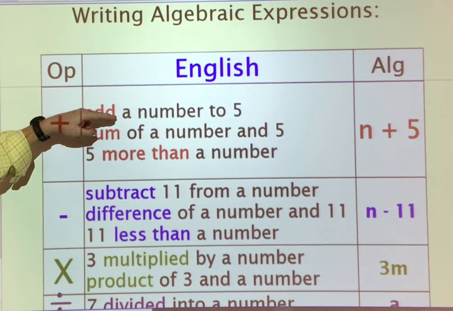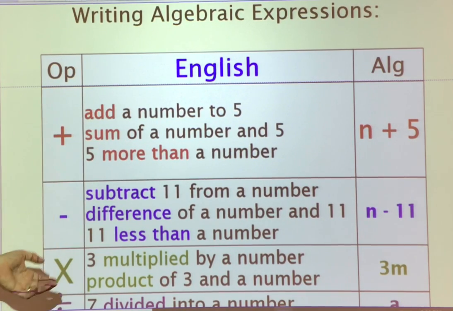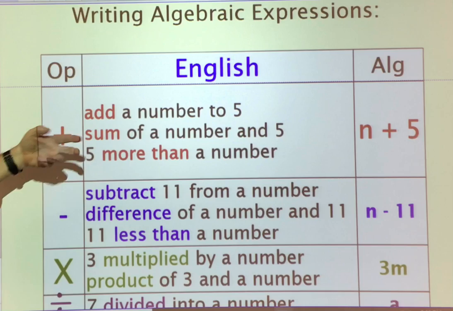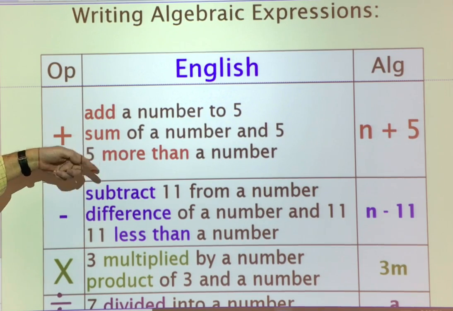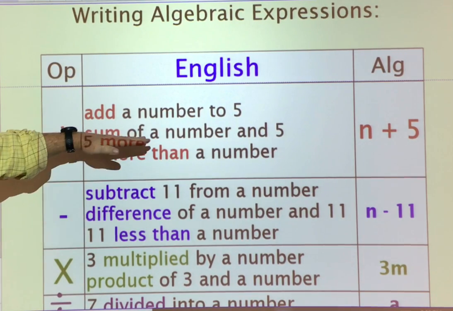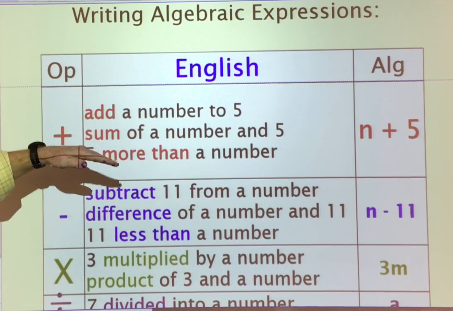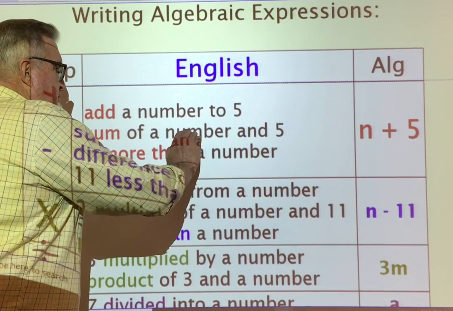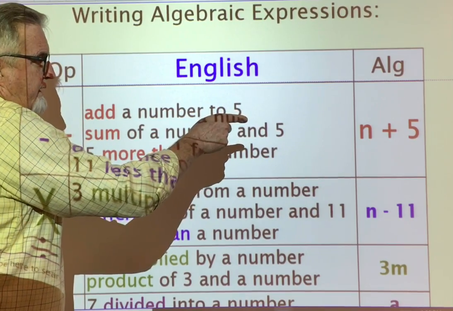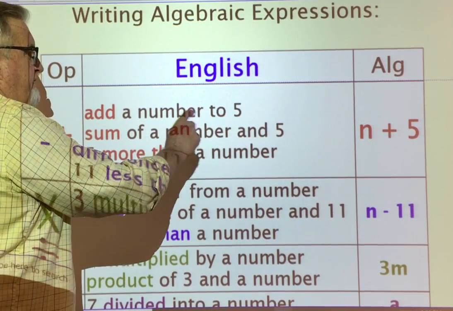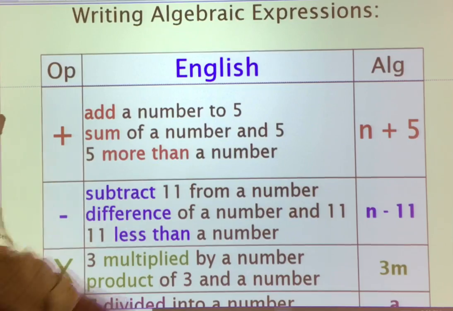Anytime it says sum, you've got it in whatever order they put. If it was number and 5, we write it like it is there. If it was 5 and a number, we would flip that around.